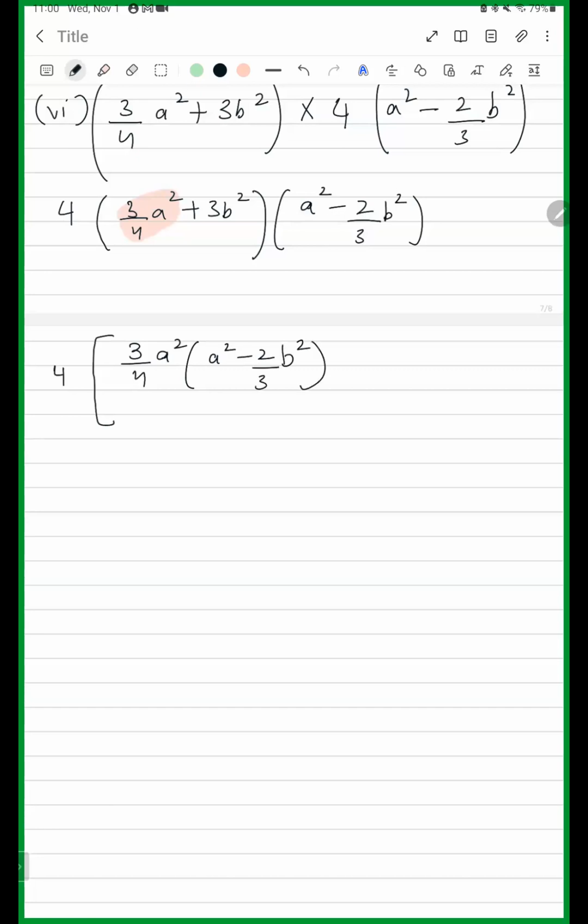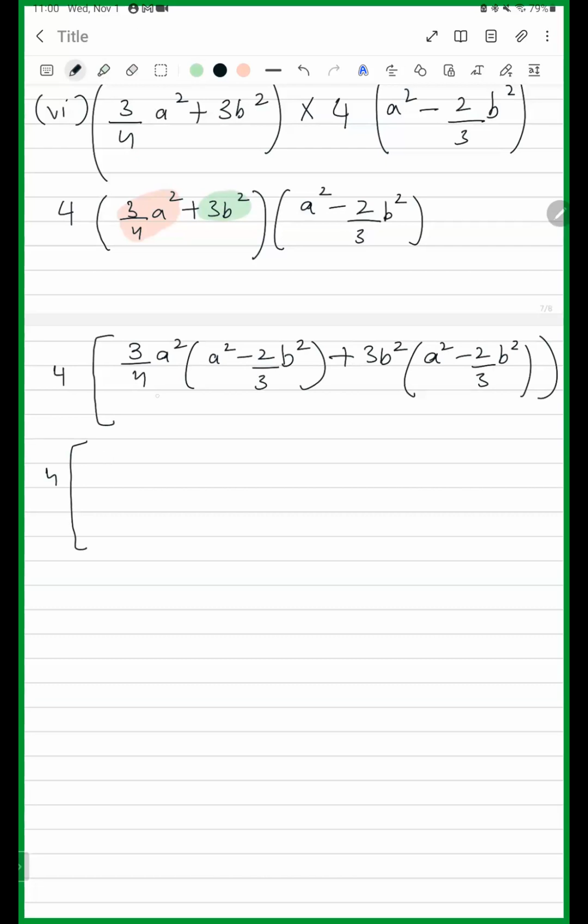Very good. Then plus 3b square multiplied by the whole thing, a square minus 2b square divided by 3. So the 4 will be as it is because right now we are not interfering with that.